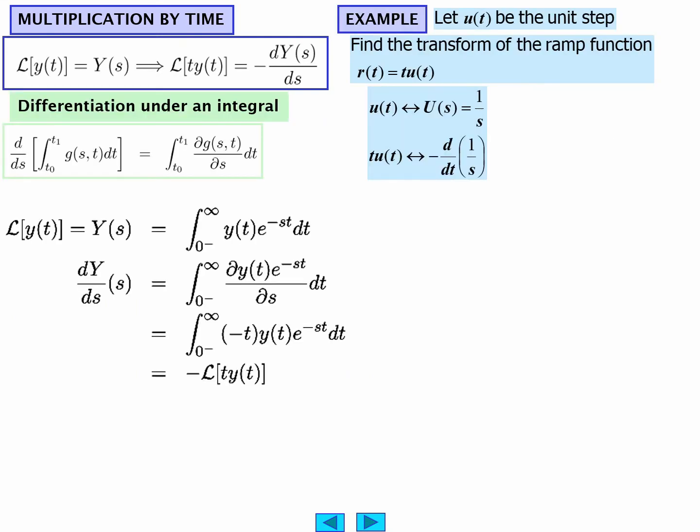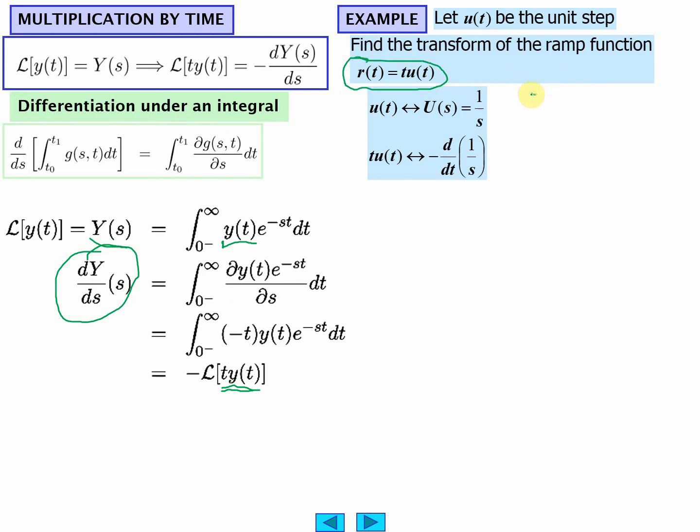I wanted to stop on this one for just a second too, because it is kind of useful. So we have the function y of t, which gives a transform function this. The derivative of the transform is the transformation of the function t times y of t. So if you want a ramp, this is a good example. You want a triangle instead of a step.